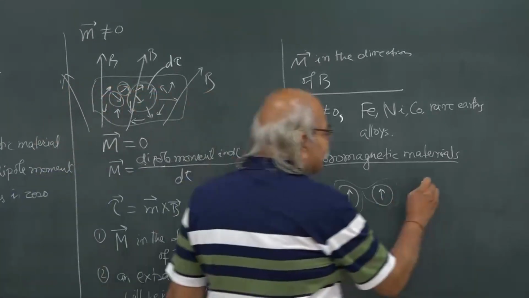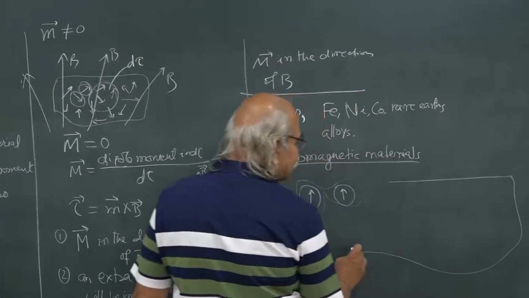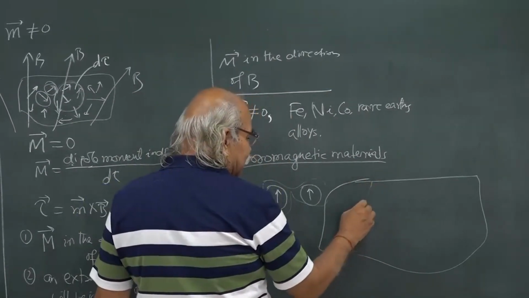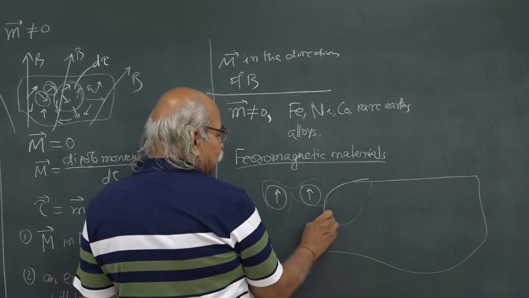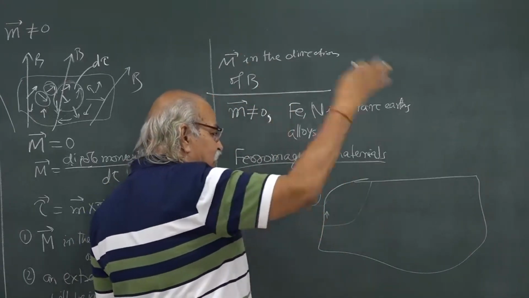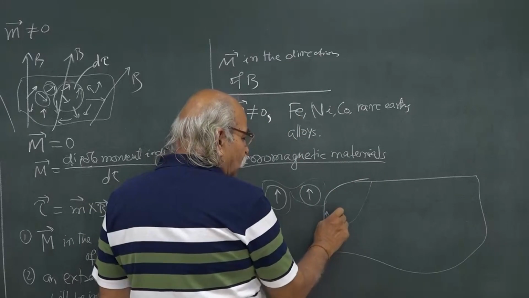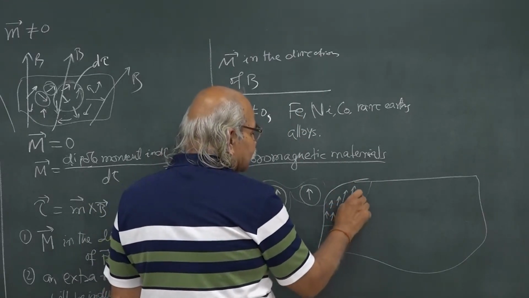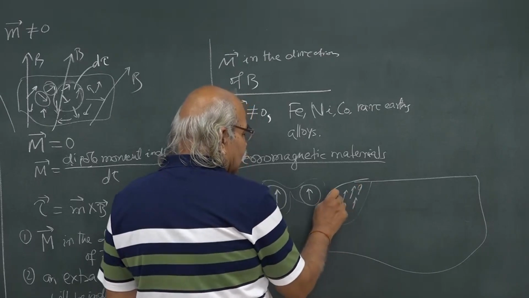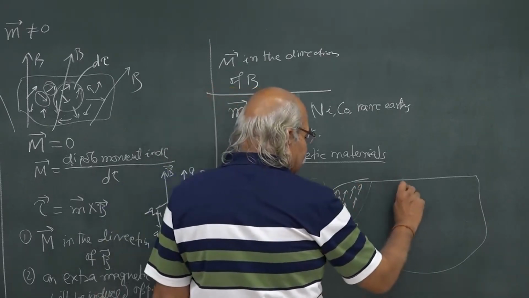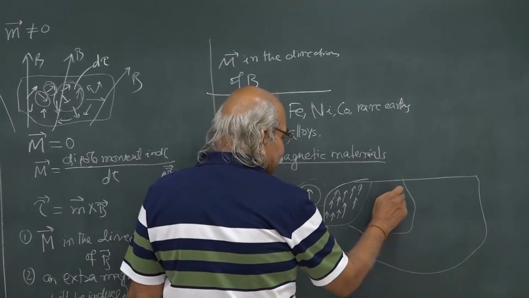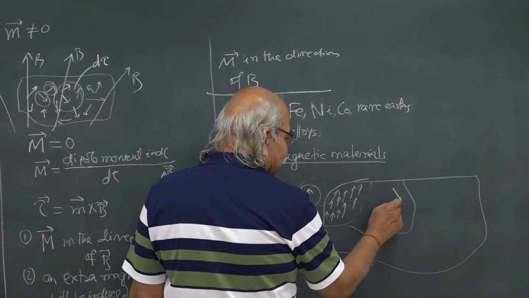So, what you will have is that if this is the material, then maybe in this area you have millions and billions and trillions of atoms, all aligned this way. Then you have another region here where they are aligned in some other way, let us say this way.